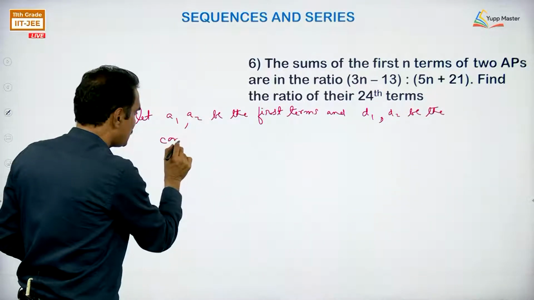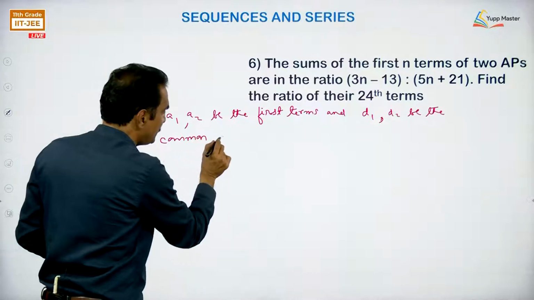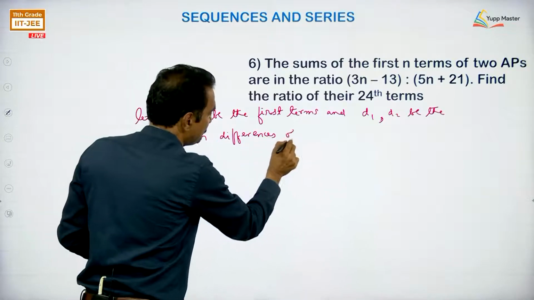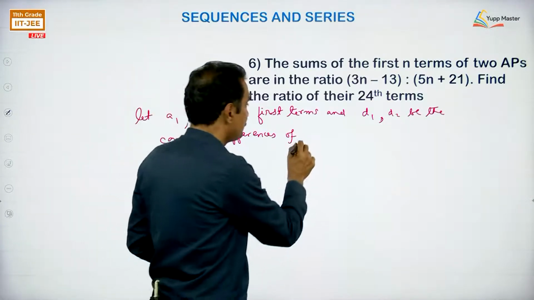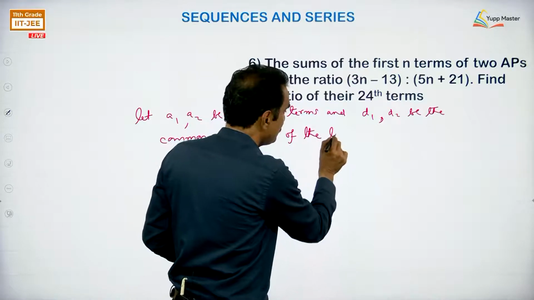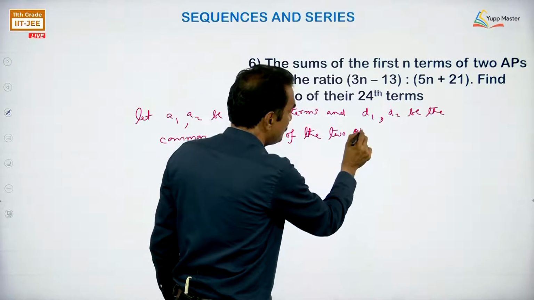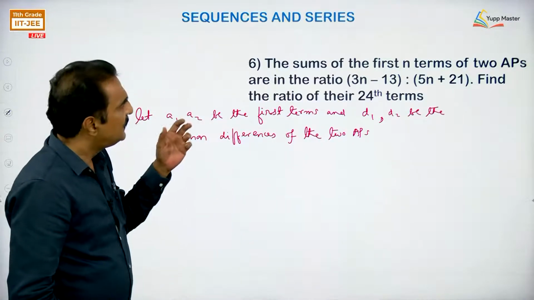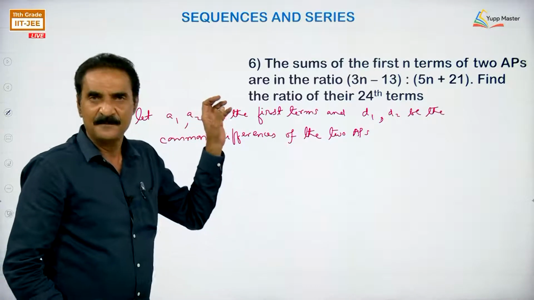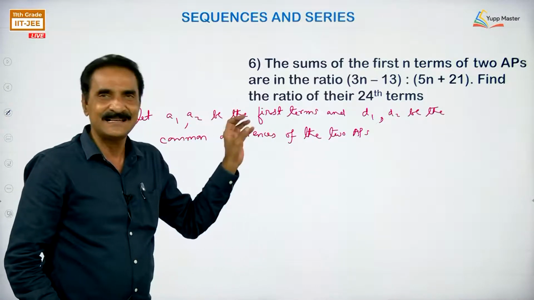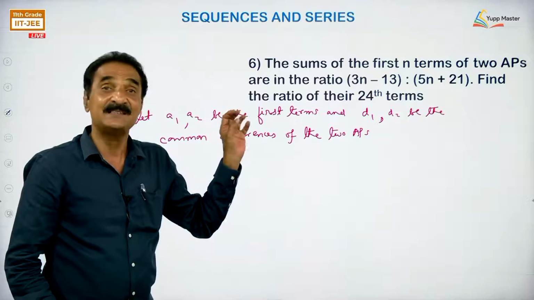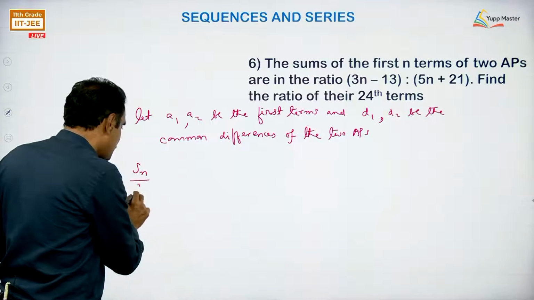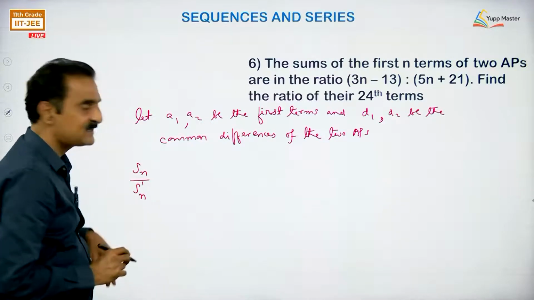Alright. Now, let us also denote the sum of the first AP by Sn, sum of the second AP by S dash n. Then ratio of the sums of the n terms is given, so Sn by S dash n.